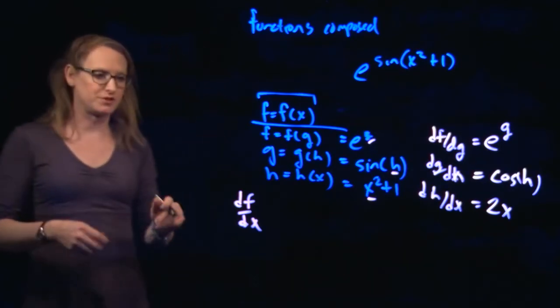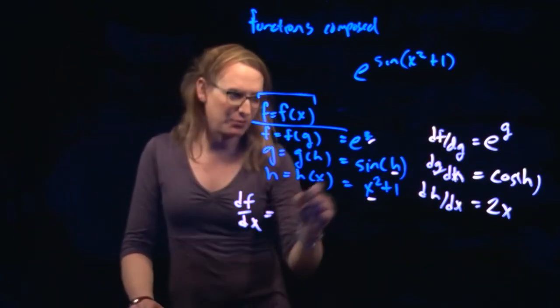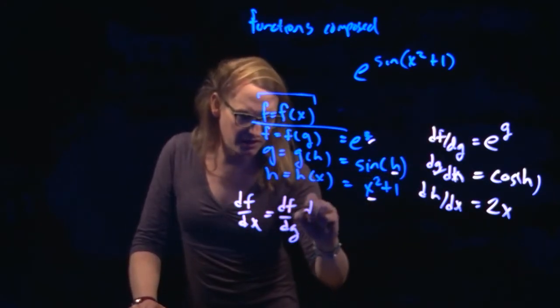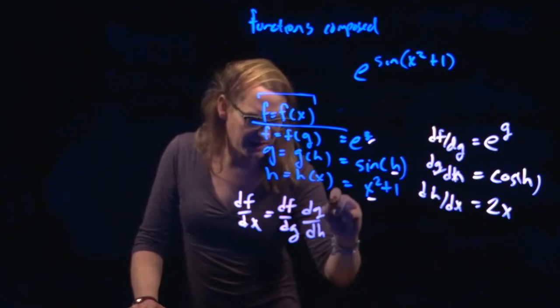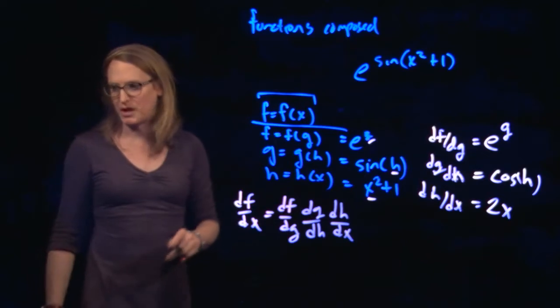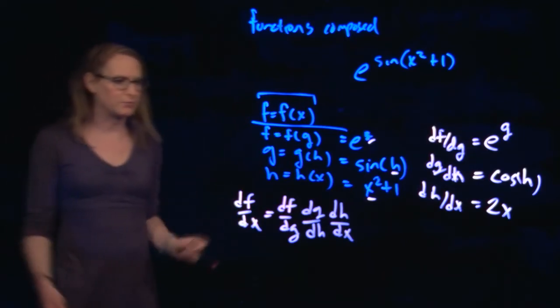We have to use the chain rule to do this. So df dx is equal to the product of these derivatives, df dg, dg dh, dh dx. And those are all multiplied together. I'm not going to put the dot in there to indicate the multiplication.